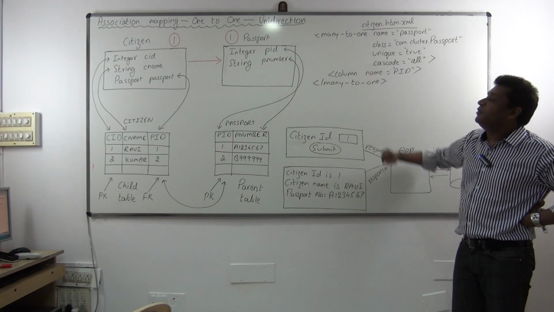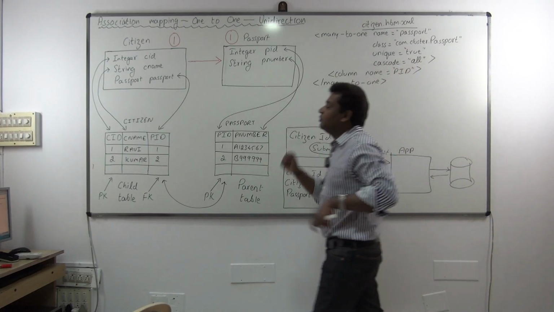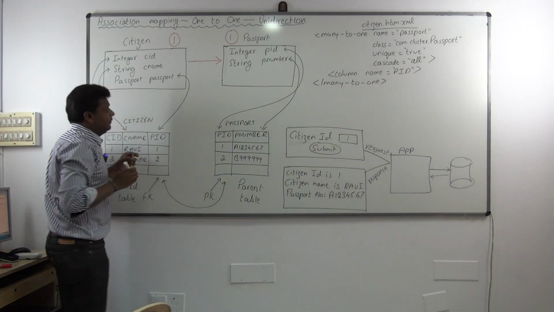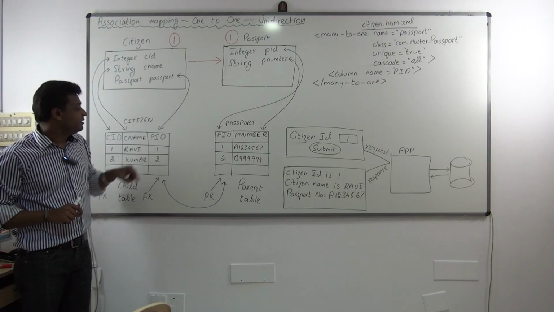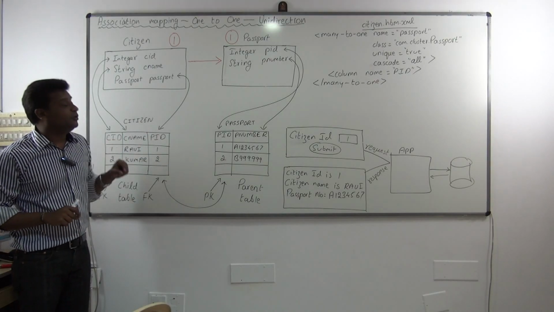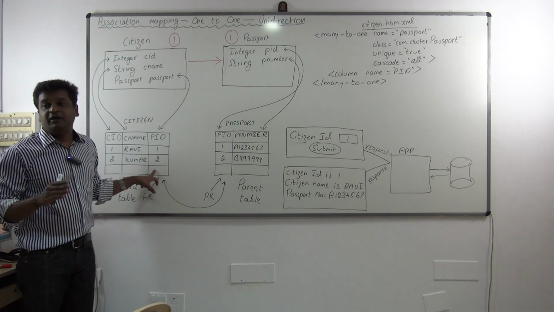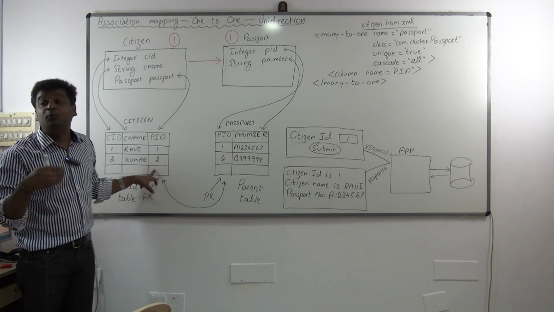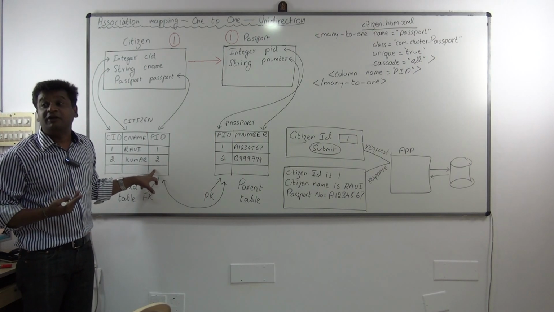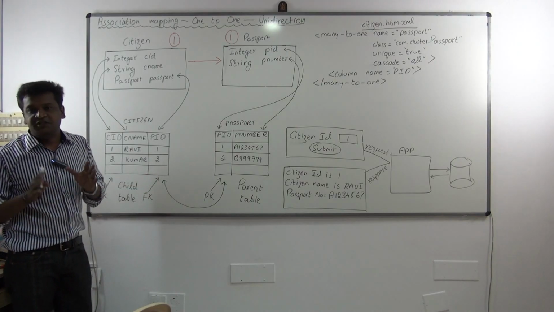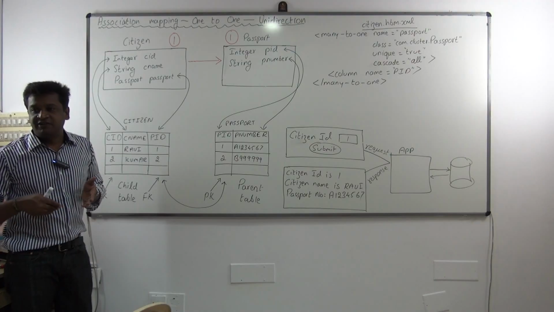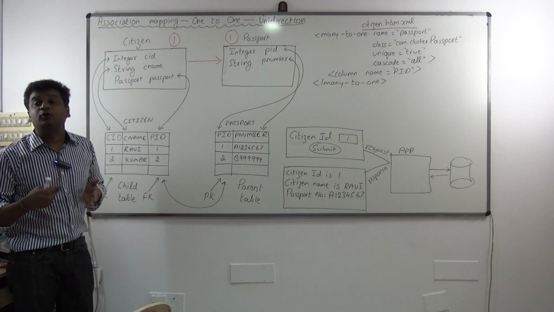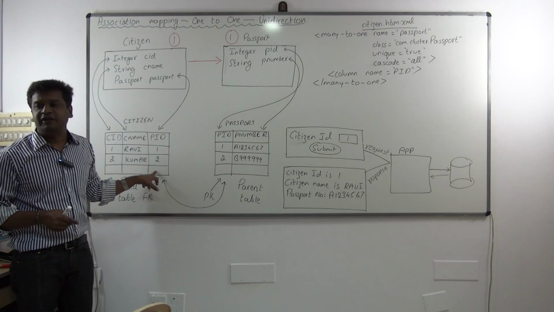The reason is why, you know. Unique is equal to true means, see, this is the foreign key. PID is the foreign key. If I say unique is equal to true there, we are saying we are not allowing duplicate values to be entered into the foreign key column. Generally a foreign key column can store duplicate values. But in this scenario, I don't want duplicate values stored into the foreign key column.